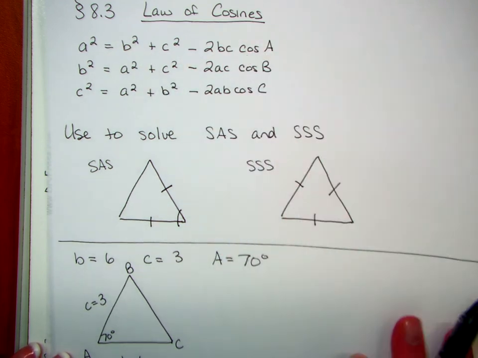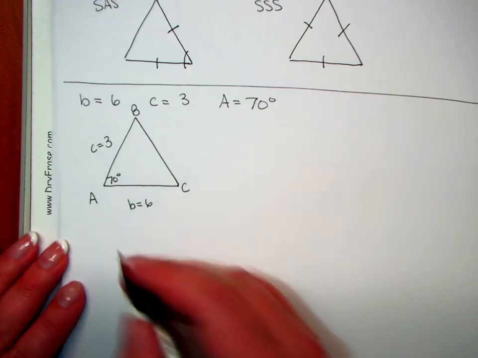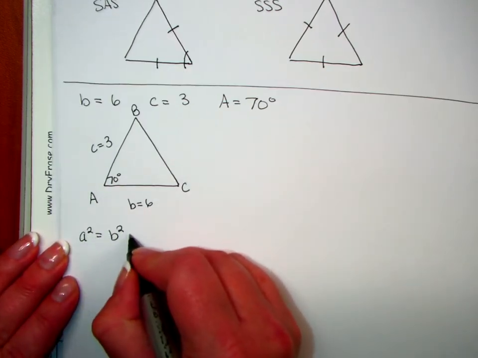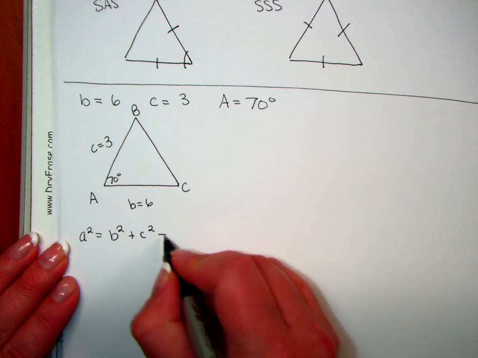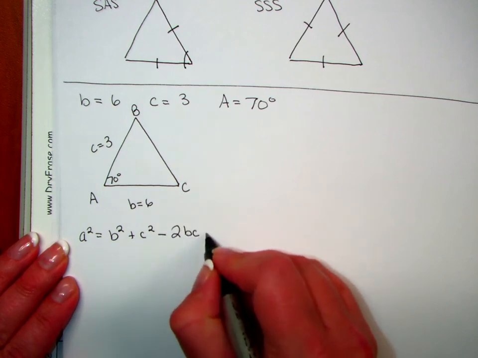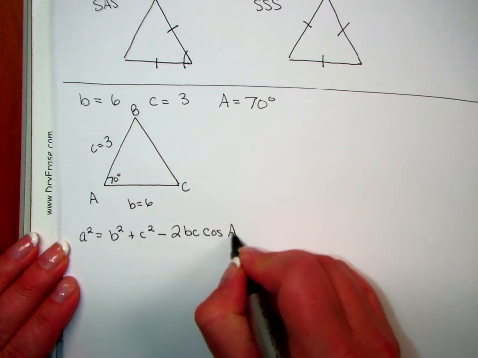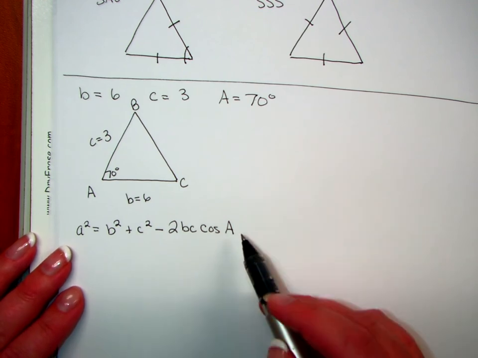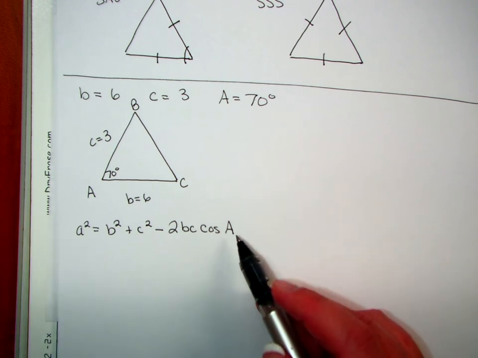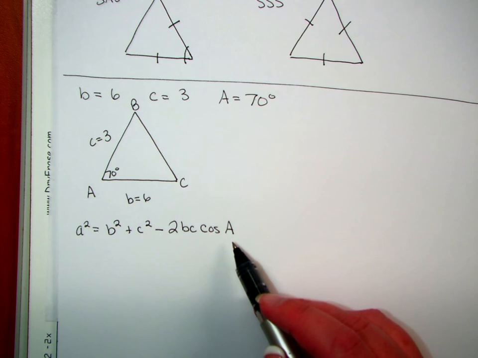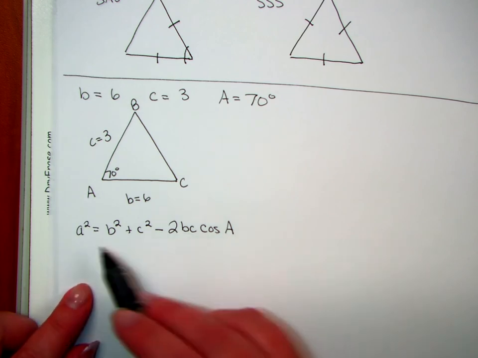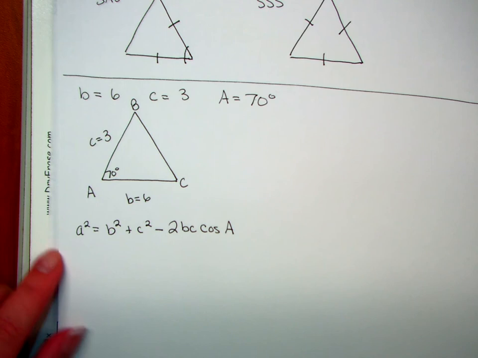Let me write it down: a squared equals b squared plus c squared minus 2bc cosine A. We were forced here because there's only one cosine formula that has angle A in it. So if we know angle A, little b and little c, obviously we're solving for side a.